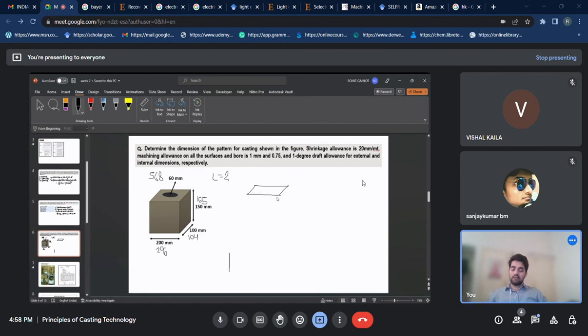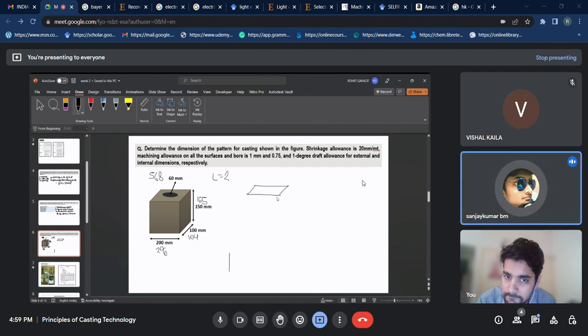Okay, now we will move to the draft allowances part. I think I should draw this. What is the meaning of draft allowance? Firstly, have you tried it on your own?